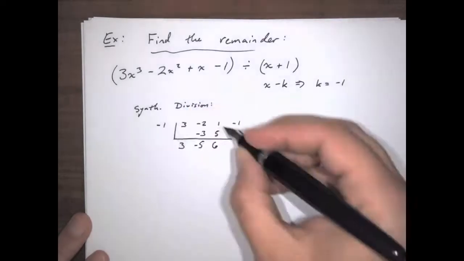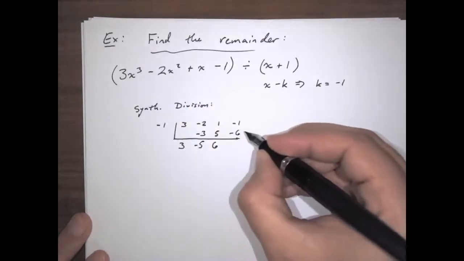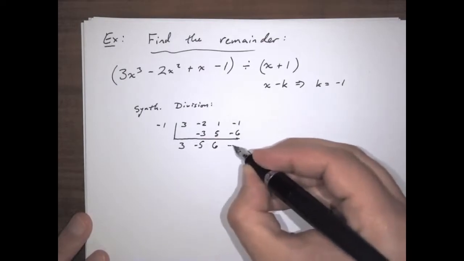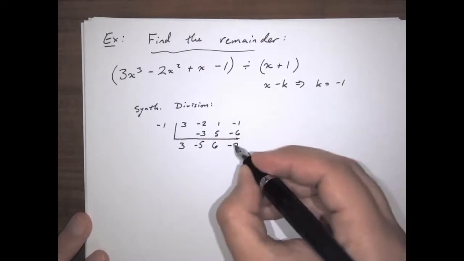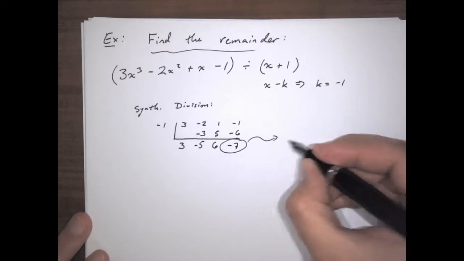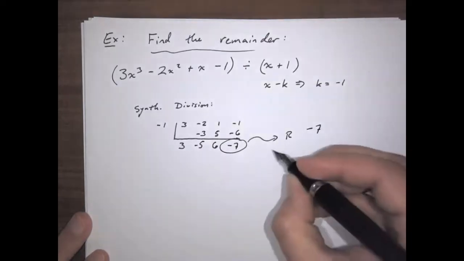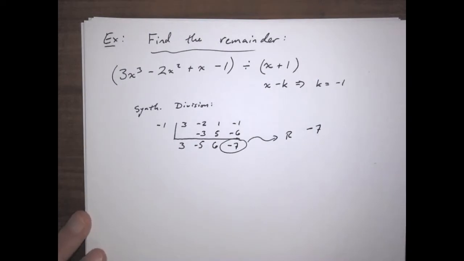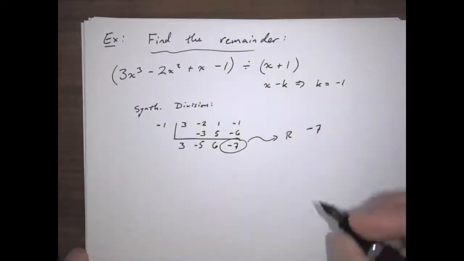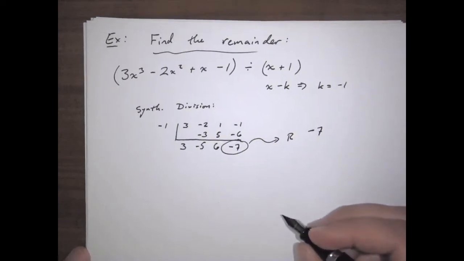And then we multiply those and we get a negative 6. We add those, we get a negative 7, and that is the remainder, which means that if we were to plug -1 into this polynomial, we should actually get a -7.